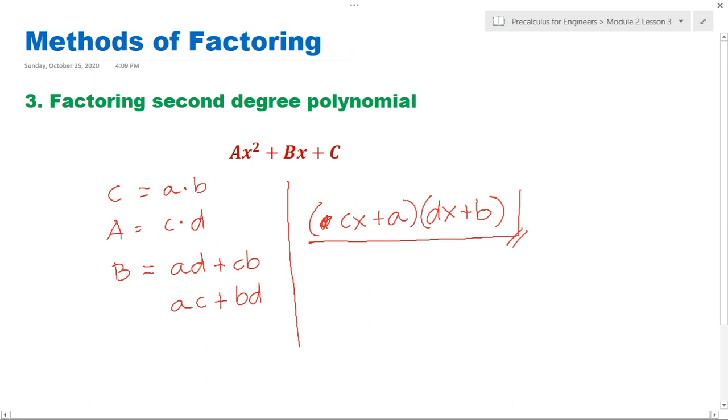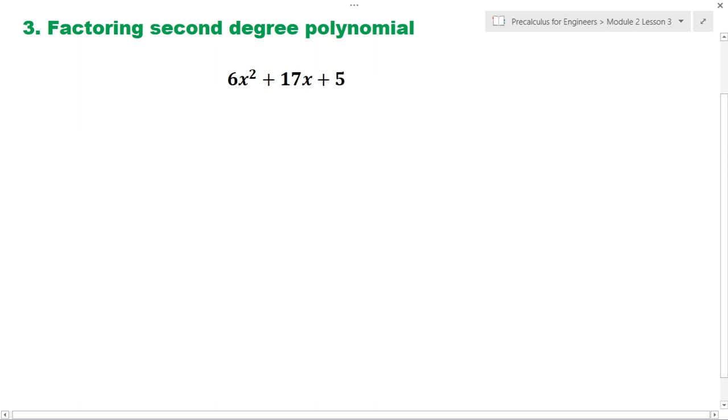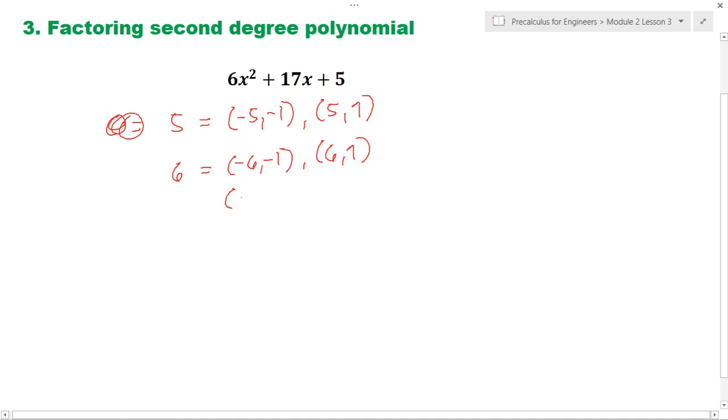So, to help you visualize this, let's have an example. How about we have 6x squared plus 17x plus 5. So, let's have a factor for our c. Our 5 can be a factor of negative 5 times negative 1, or just simply 5 and 1. How about our 6? 6 can be a factor of negative 6 and negative 1, or 6 and 1, or negative 2 times negative 3, or just 2 and 3.